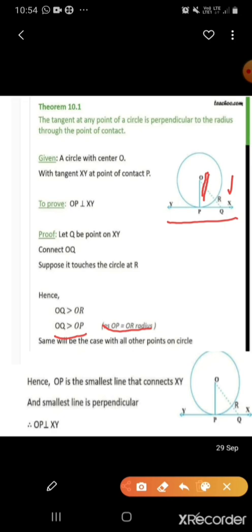Smallest means what? Perpendicular. The shortest line segment is the perpendicular. So what we are telling is that OP is perpendicular to XY. This is what you have to prove. Hence the proof.